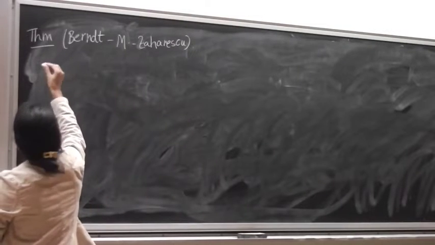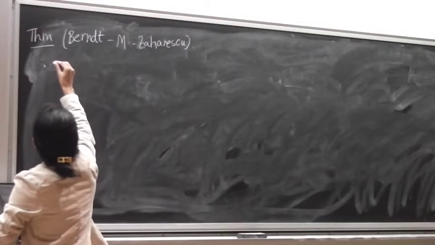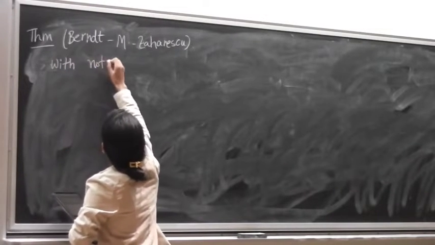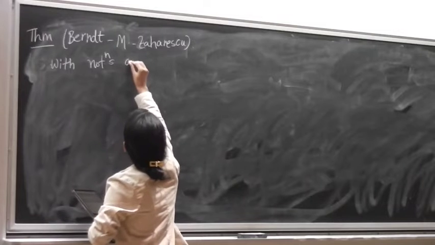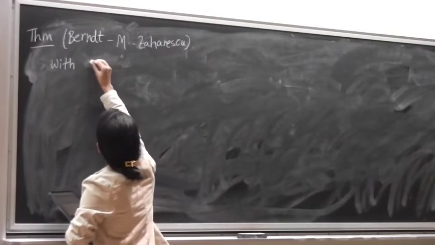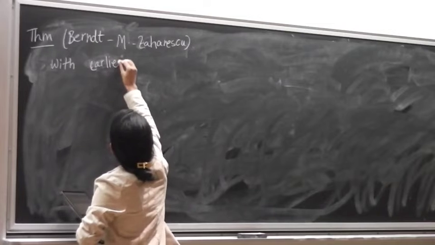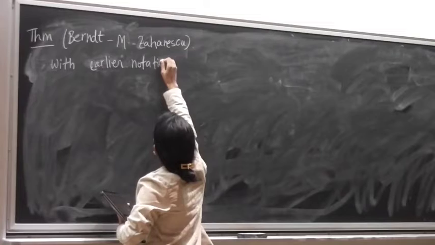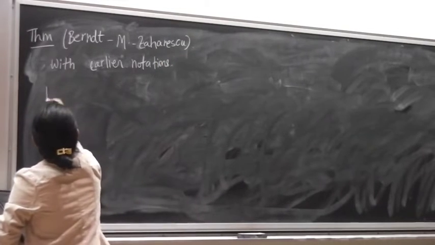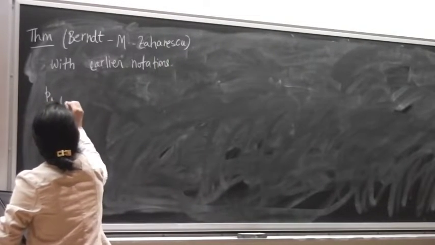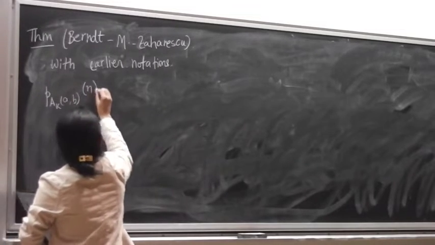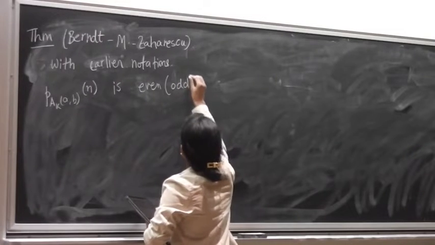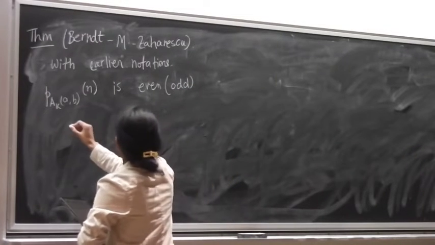And we say that, with earlier notations, p_{A_k = B}(n) is even and odd infinitely often.